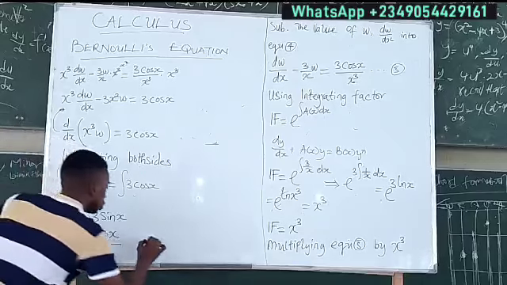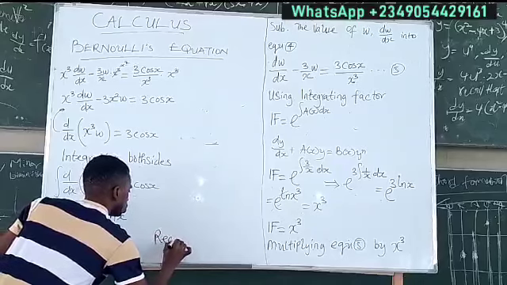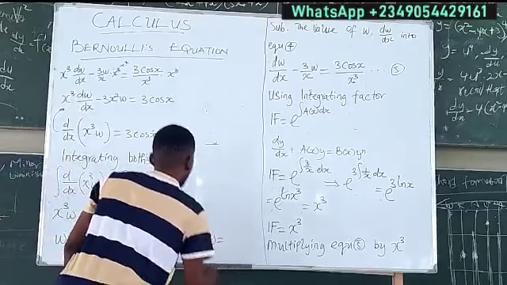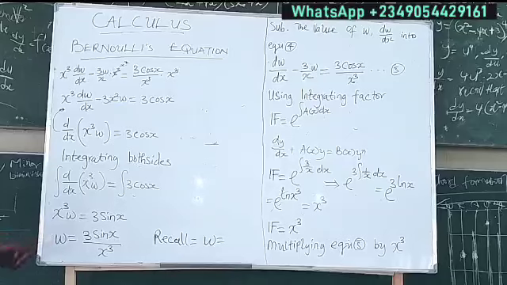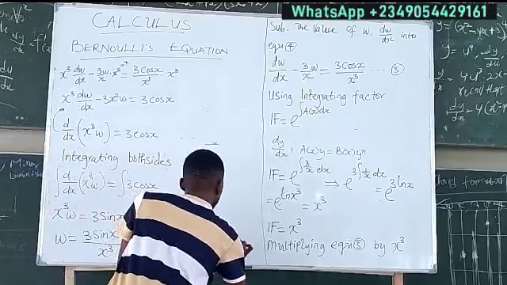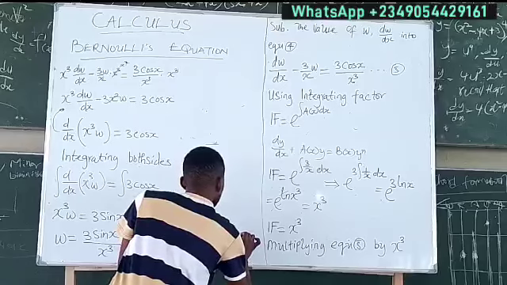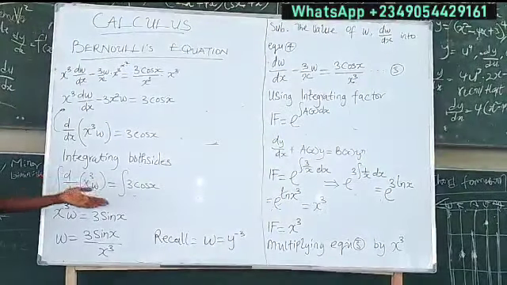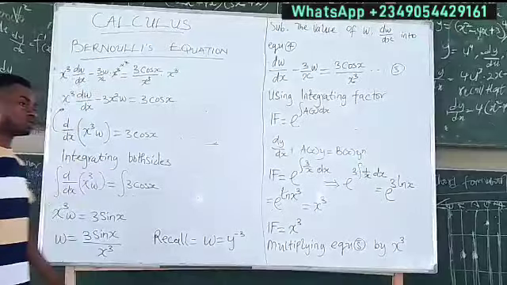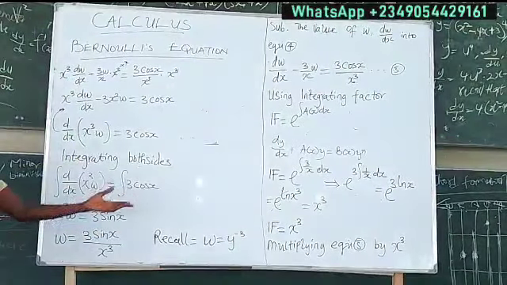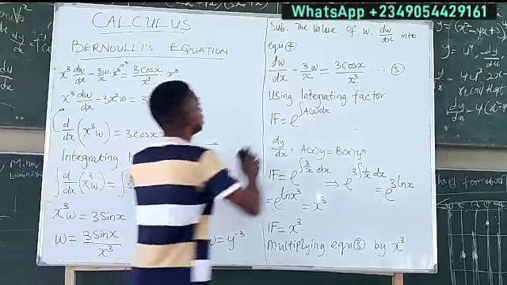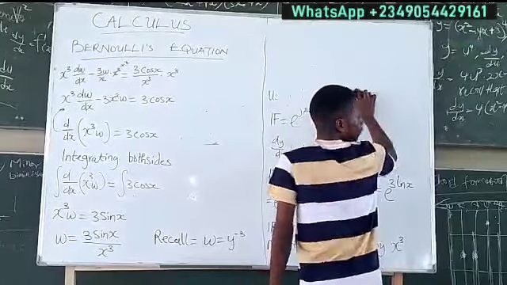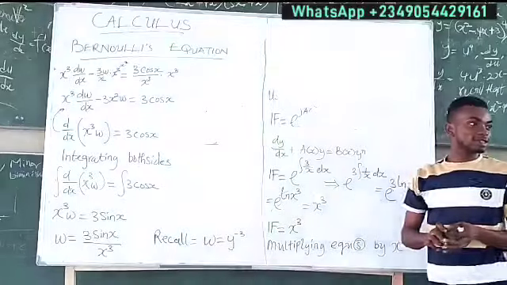Okay, but let's recall that our w was written as y raised to the power minus 3. Then we can substitute our y raised to the power minus 3 into this part.